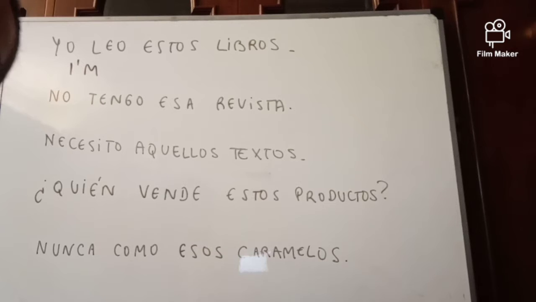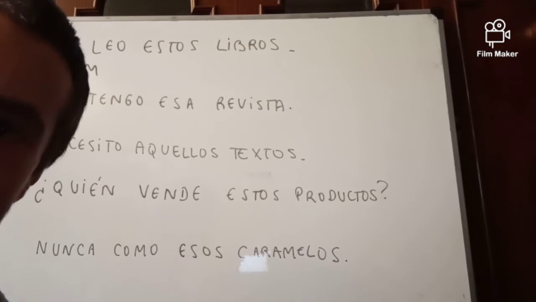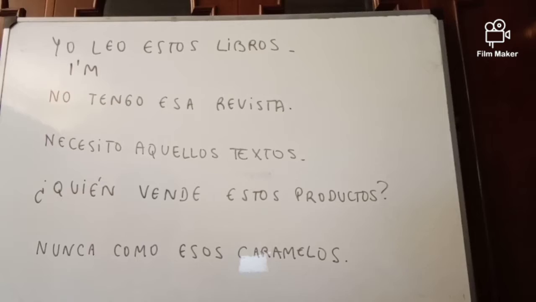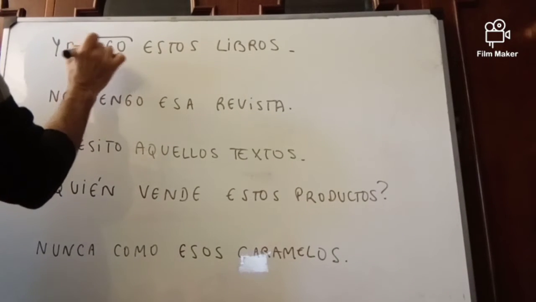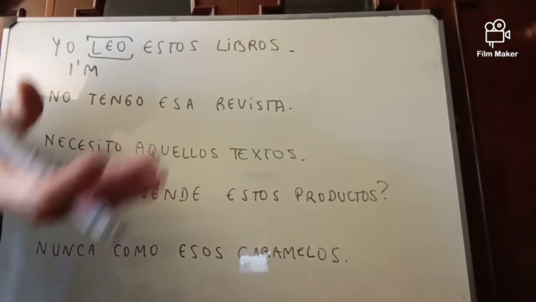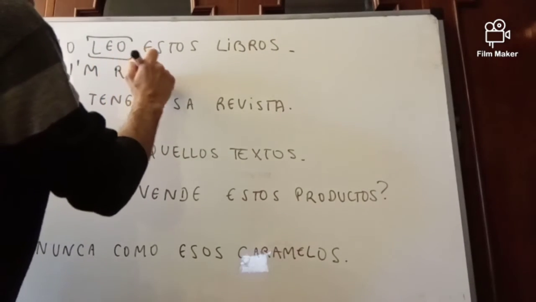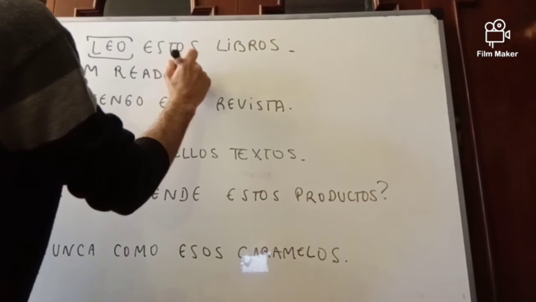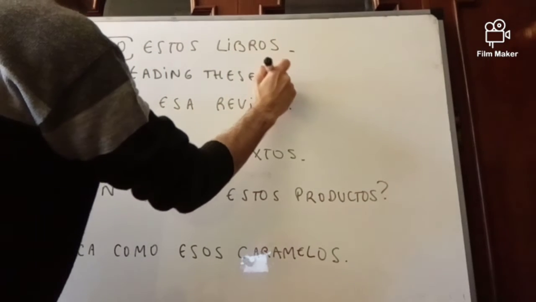I'm reading these books now, or I usually read these books. Remember that in Spanish you can use this tense for what you call the present continuous too. I'm reading these books.